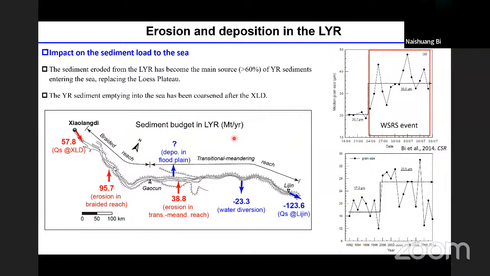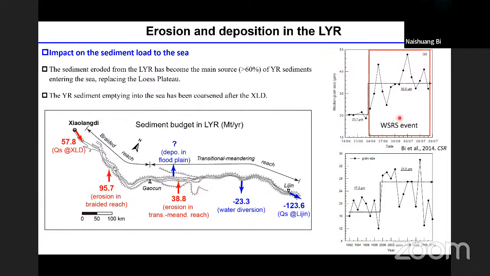we calculate that the sediment eroded from the lower Yellow River contributes at least 60% of the Yellow River sediment to the sea. So this eroded sediment becomes the dominant sediment source, replacing the Loess Plateau. The eroded sediment from the channel is coarser than that from the Loess Plateau.